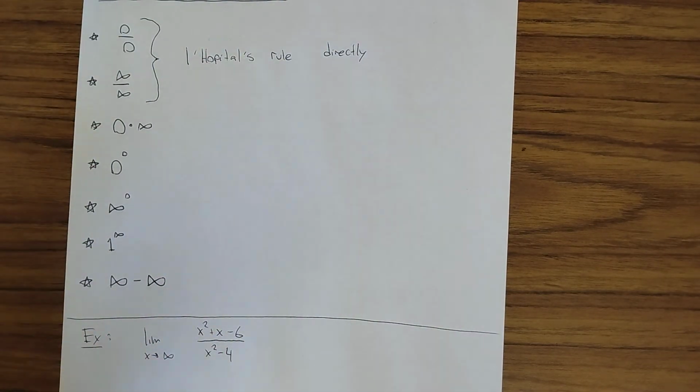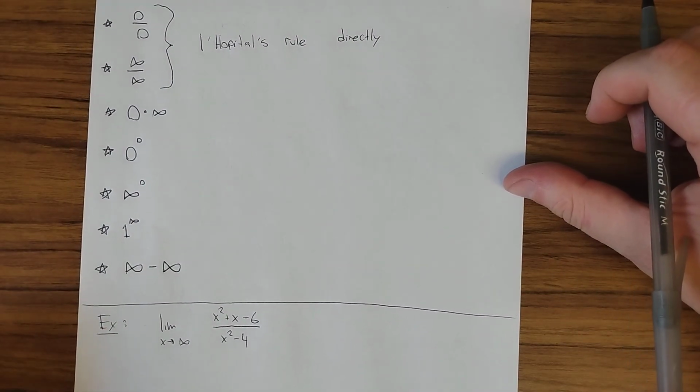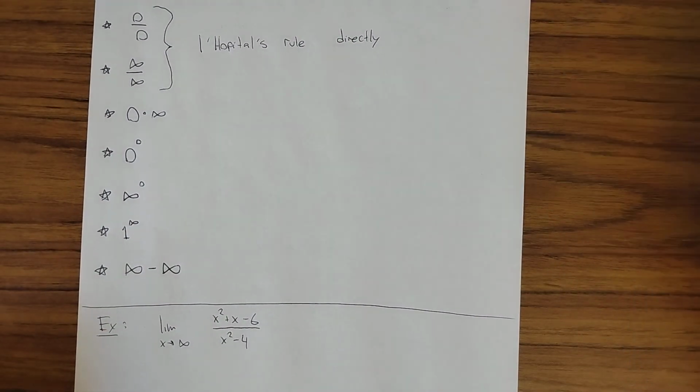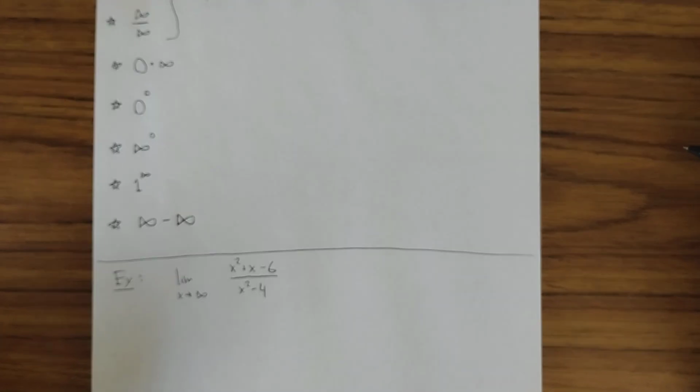With the rest of them, we can't necessarily use L'Hopital's rule directly, but I'll get into these. But for now, let me finish this video with an infinity over infinity form.